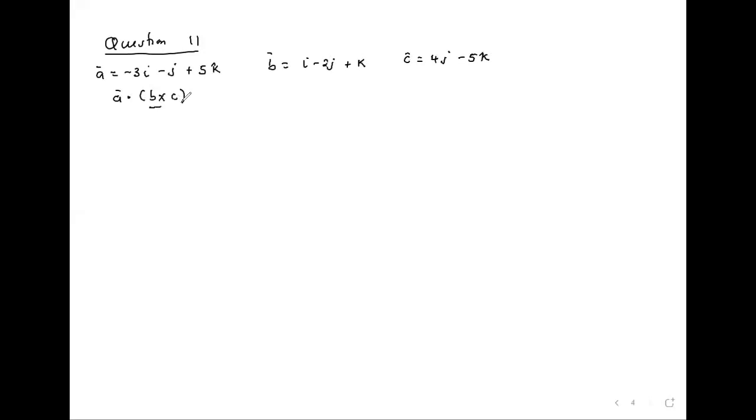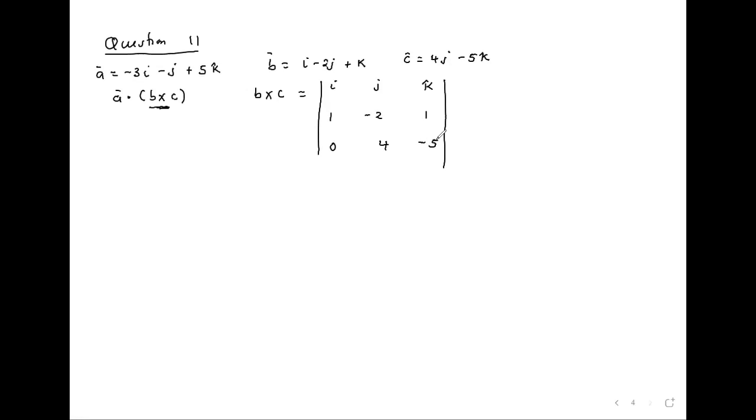So you first could get the cross of this, or you just get the determinant of all the matrices placed together. Since we did this in question 8, now we'll go the long way. Let's get B cross C and then come back to get the dot product with A. So B cross C is i, j, k, then B: 1, negative 2, 1, and then C: 0, 4, negative 5.